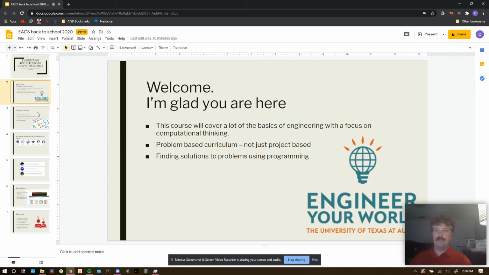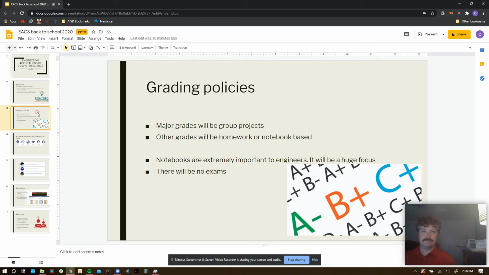So, as last year, the grading policy is pretty similar. Major grades are most of the grades this year. There'll be smaller ones like homework and notebook checks. Notebooks are pretty heavily utilized in engineering. They will be in this class as well. There'll be a lot of grading of coding as well, formatting and things like that.